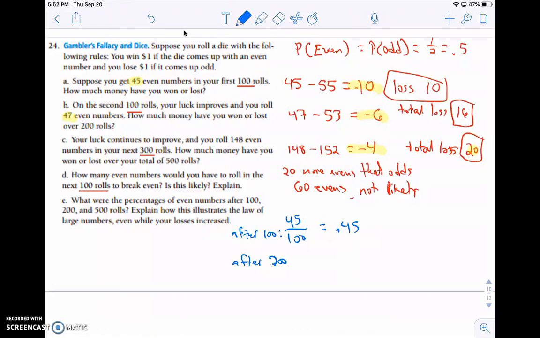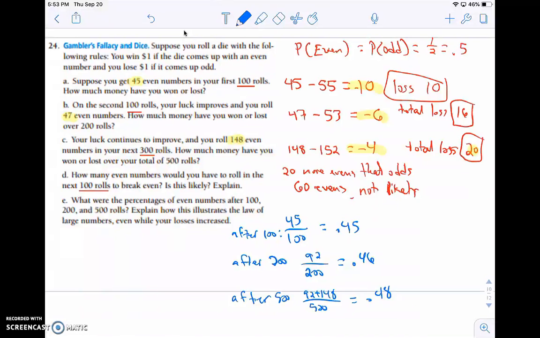So after 200, you got 92 evens out of 200, which is 0.46. So 46% after 200. After 500, we would take 45 plus 47 plus 148, or 92 plus 148, out of 500. And our odds increase even more to 0.48 or 48%.